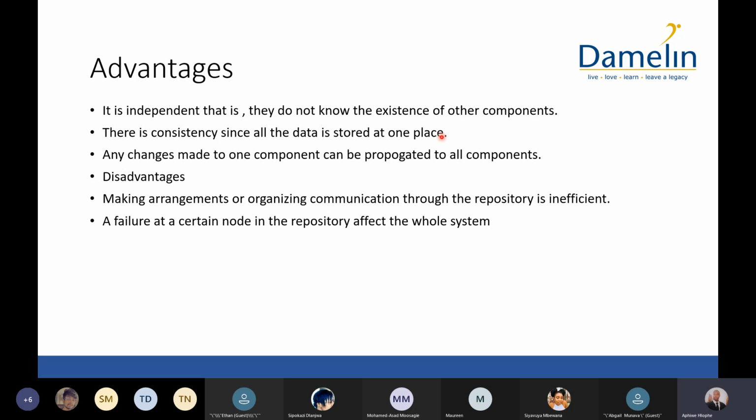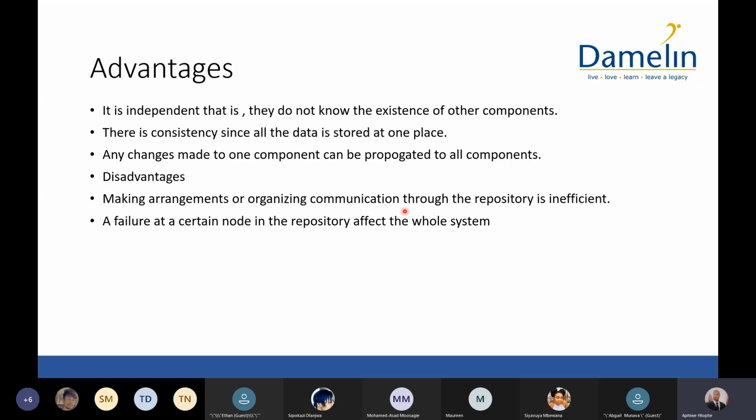But it doesn't mean that there isn't a possibility that you have conflicting changes to data. So system A is making changes or requesting the data, while system B is also busy making changes to the same data entry. So there is consistency because it's in one place, but you could still experience issues. Any changes made to one component can be propagated to all components, which is true.